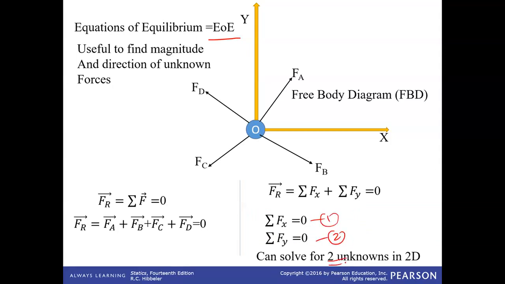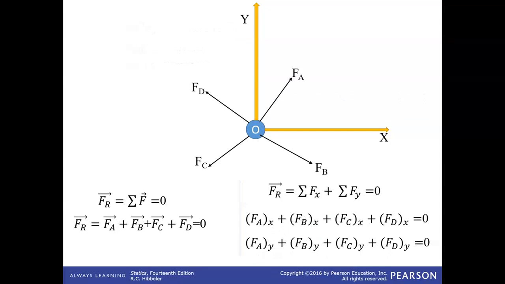Remember that in mathematics, we need to have at least the same number of equations as the number of unknowns. So if we have three unknowns, we need three equations. If we have two unknowns, we need two equations. What it means in the scalar solution is that for each force, we can find the projection of that force along x.